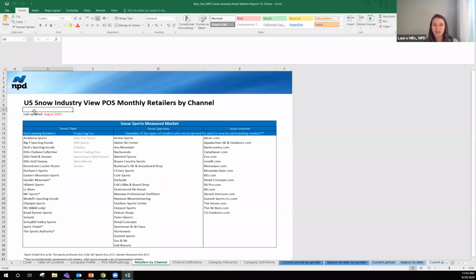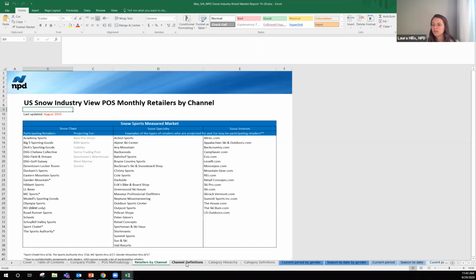So if you have any uncertainty about what might be driving a trend that you're seeing in the data, and you're like, oh, who sits in that channel? What could be the force behind that? I know so-and-so carries such and such brand. It's good to have this on hand to just remind you of where some of the trends might be derived from.